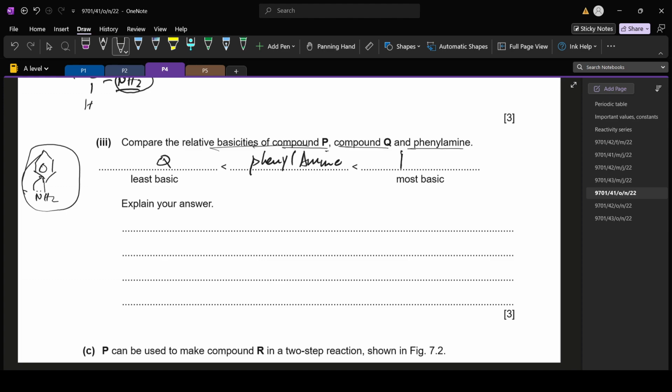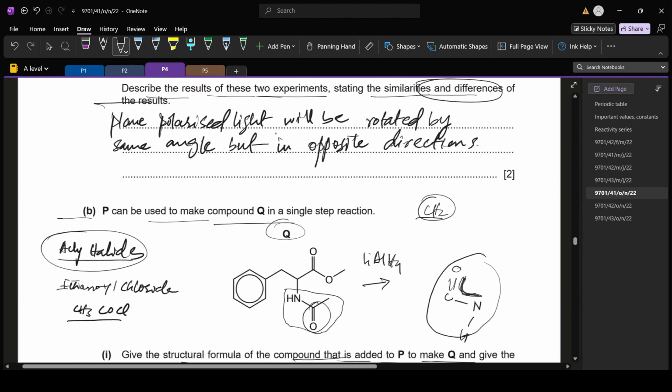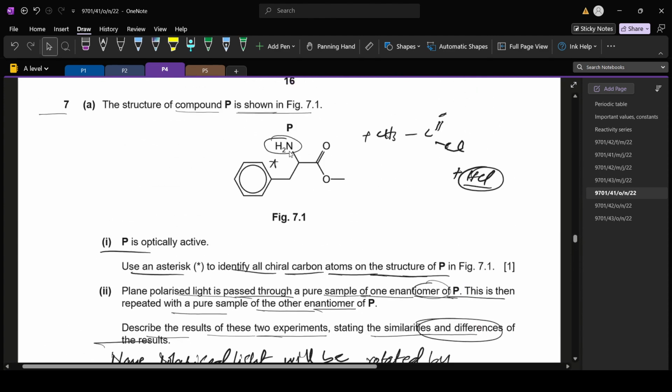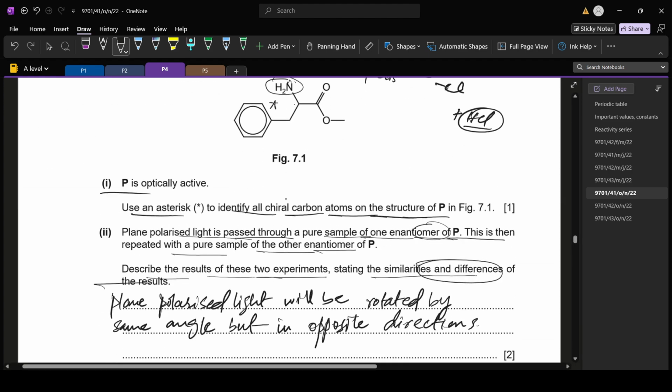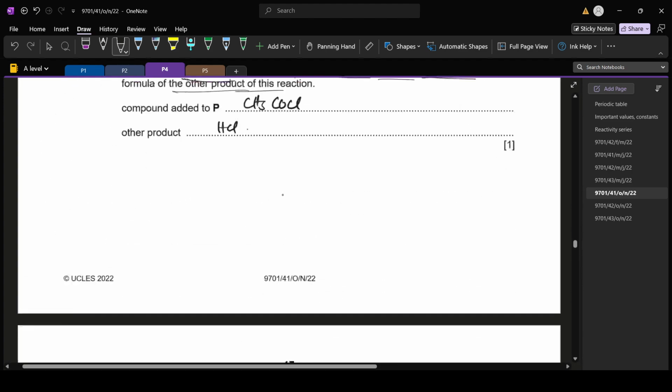And then you have P. P is most basic because you can see in P that the lone pair on this nitrogen is attached to alkyl groups. Alkyl groups are electron donating groups, so they will generate a positive inductive effect. So the lone pair density on this nitrogen will increase.